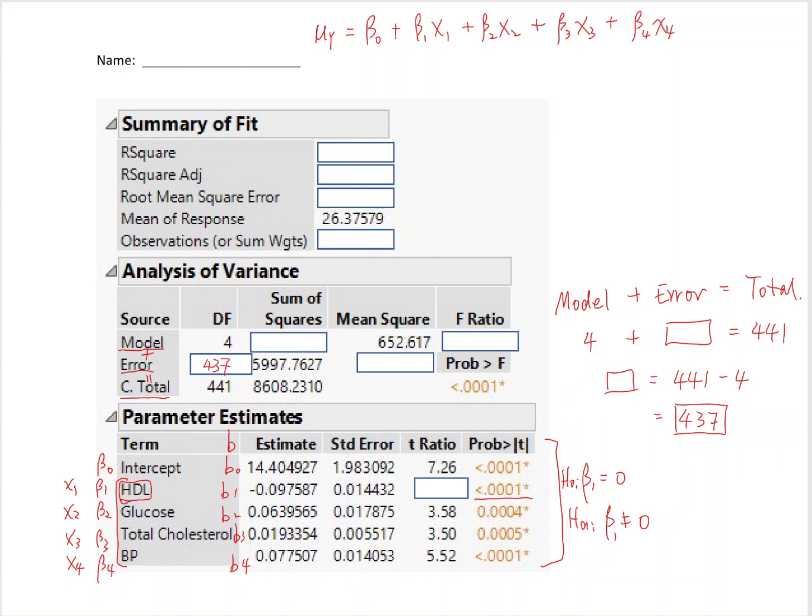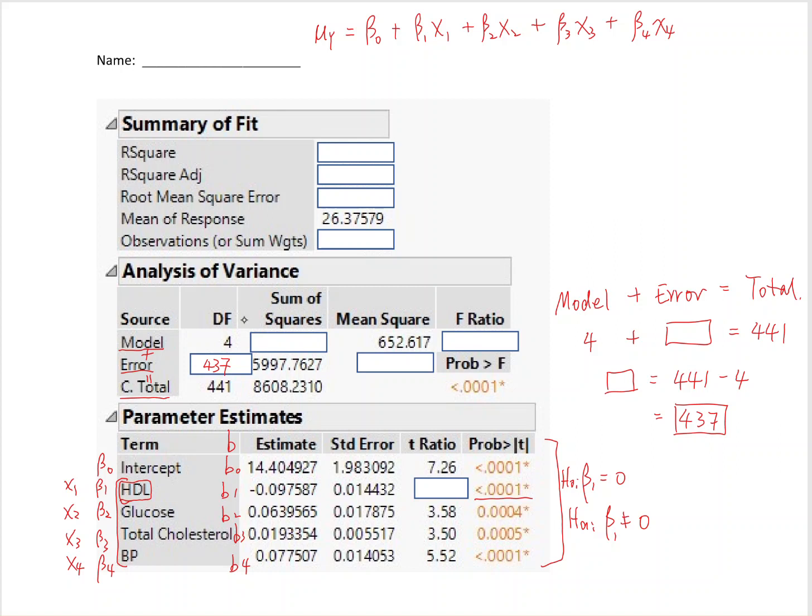Now we want to use the same relationship to work on the sum of squares column. The sum of squares for the model plus the sum of squares for the error equals the sum of squares of total. What are these short for?